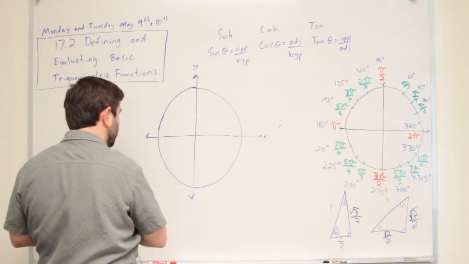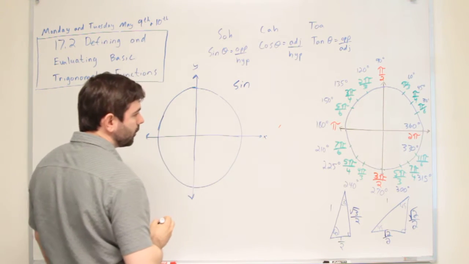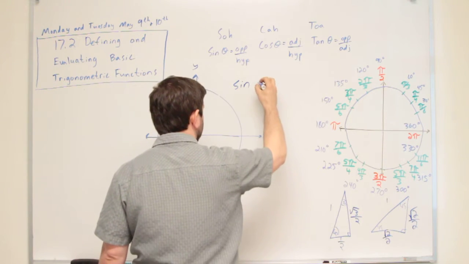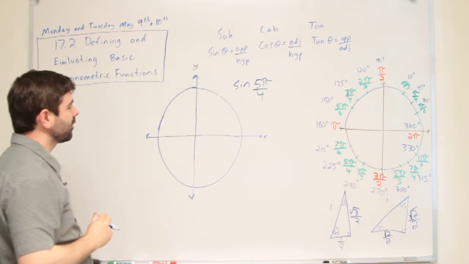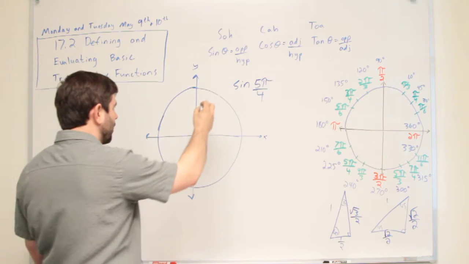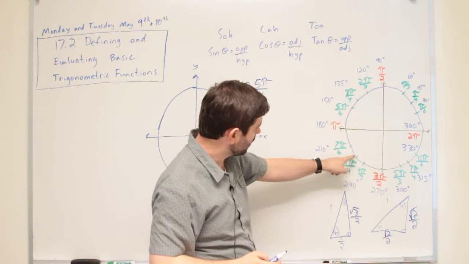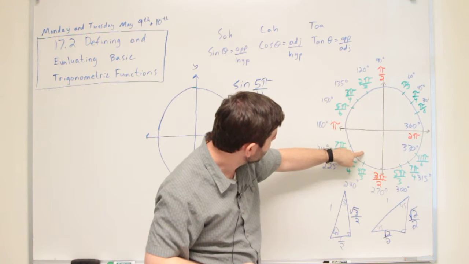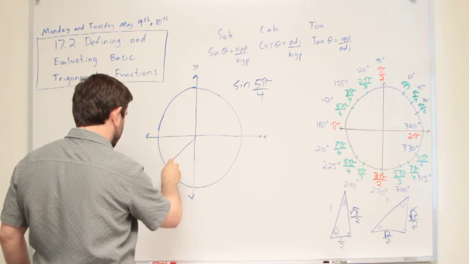Let's do the sine of 5 pi over 4. Okay, if you're asked to find the sine of 5 pi over 4, calculate this without a calculator. Well, what I would do is I would go down to here, and I would see it's in the middle. So this is going to be one of our 45, 45, 90 triangles.